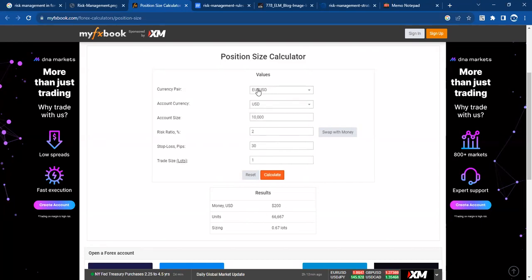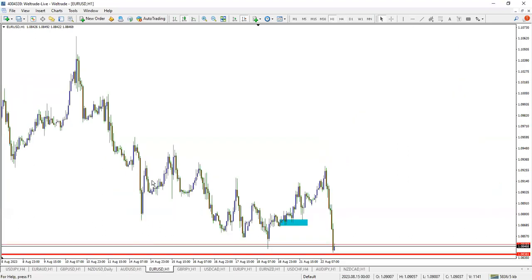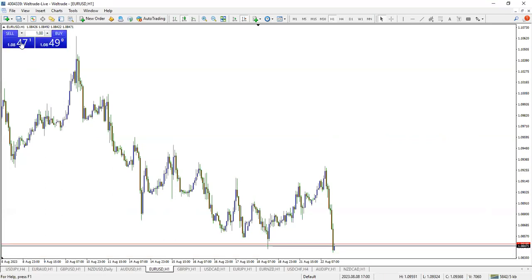So trading EURUSD, my lot size should be 0.67, which means when I come on the MT4, I'm going to go to EURUSD. Where is my EURUSD? So if I'm trading EURUSD, so on EURUSD, my lot size here should be 0.67.